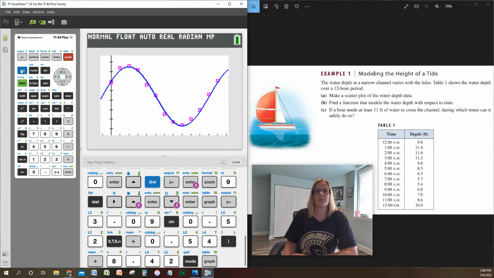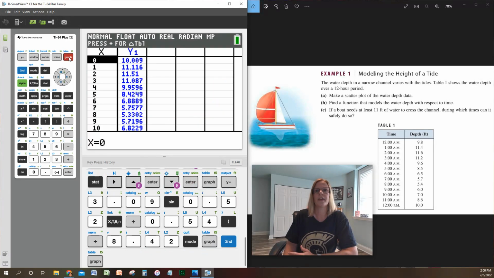Now we could look at our table of values, but that's not really going to be helpful. You can see that at hour 0, we've got 10. At hour 1, we've got 11.1. So somewhere in between there was 11.0. And here between hour 3 and hour 4, again, somewhere in between there is 11.0.